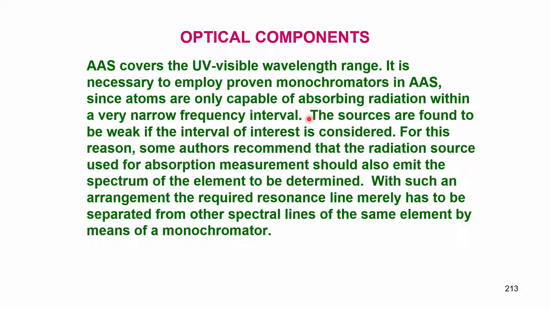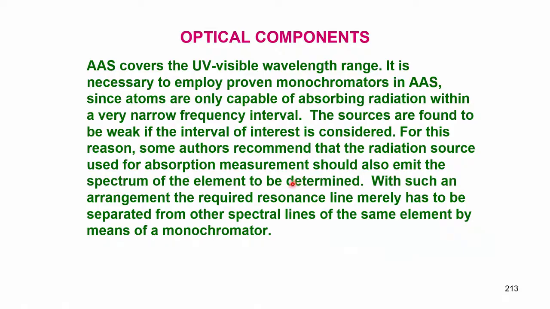This we have already discussed a number of times. With such an arrangement, the required resonance line merely has to be separated from all other radiations coming from the flame, because we have said the radiation line is already coming from the hollow cathode lamp. We need to separate only that line. But there are other radiations coming from the flame.